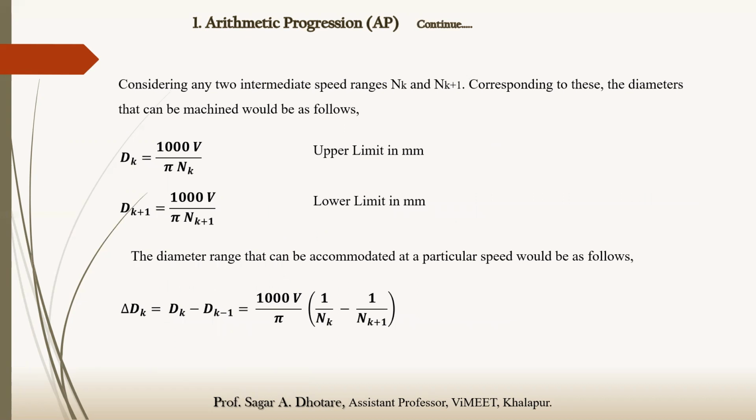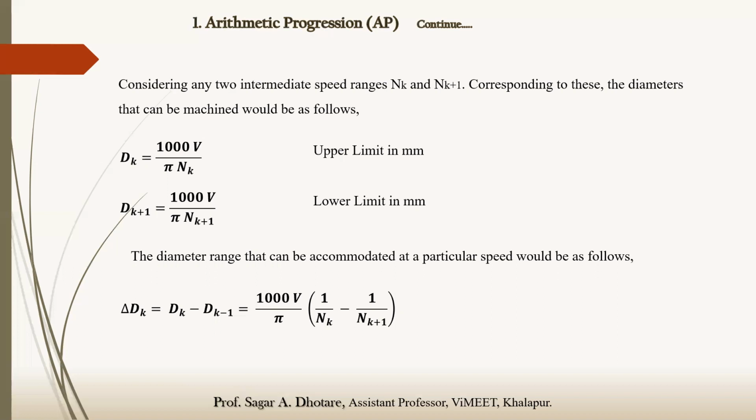Now consider any two intermediate speed variations, that is nk and nk plus 1, corresponding to the diameters that can be machined, as follows. The dk upper limit in mm is dk equal to 1000 v divided by pi into nk, and dk plus 1 is equal to 1000 v divided by pi into nk plus 1.